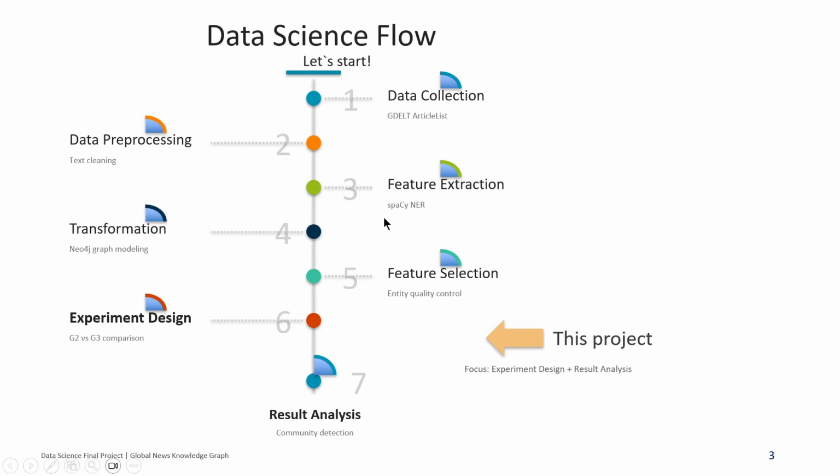For feature extraction, we use named entity recognition to extract entities from the titles. For transformation, we transform text data into graph data in the project. For feature selection, we apply entity filtering and graph-ready entity selection. Finally, for experiment design and result analysis, we compare different graph models and analyze their community detection results.